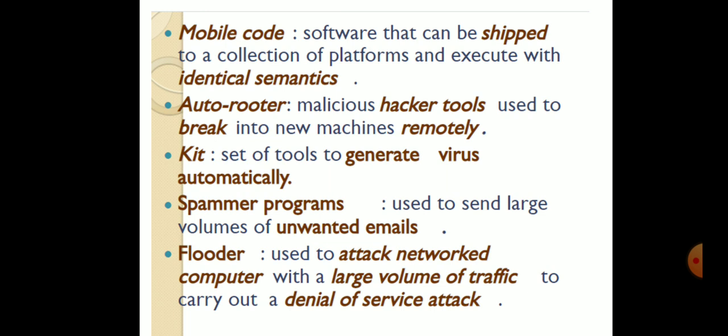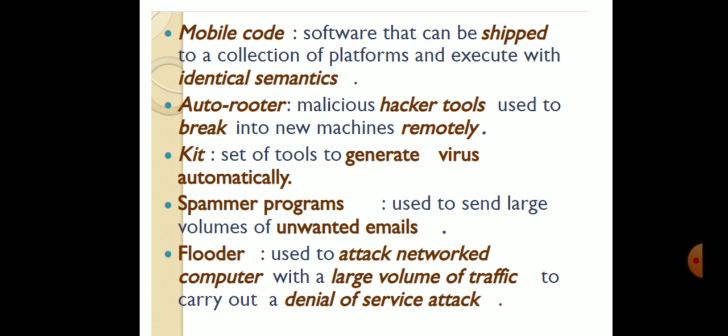And autorooter. An autorooter is a malicious hacker tool used to break into new machines remotely. It captures the machine, makes it a bot, and makes the machine work remotely. Next, the kit. A kit is a set of tools to generate viruses automatically.